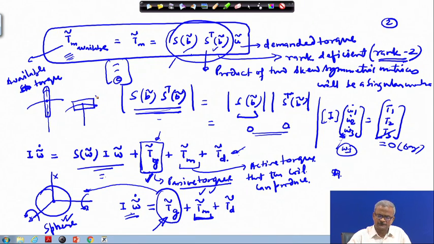So, how to do the control? To sort out this problem, control is done in an average sense.